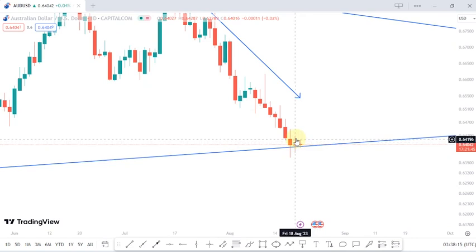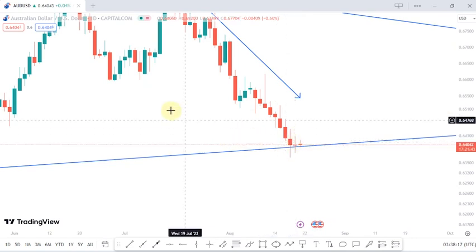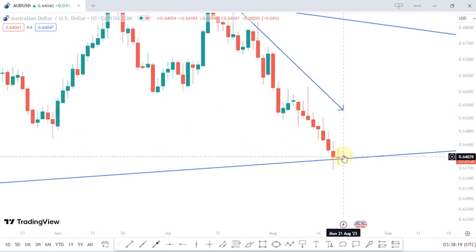So wait for the next day and see what is going to happen, or how this candlestick is going to close before we take our decision.